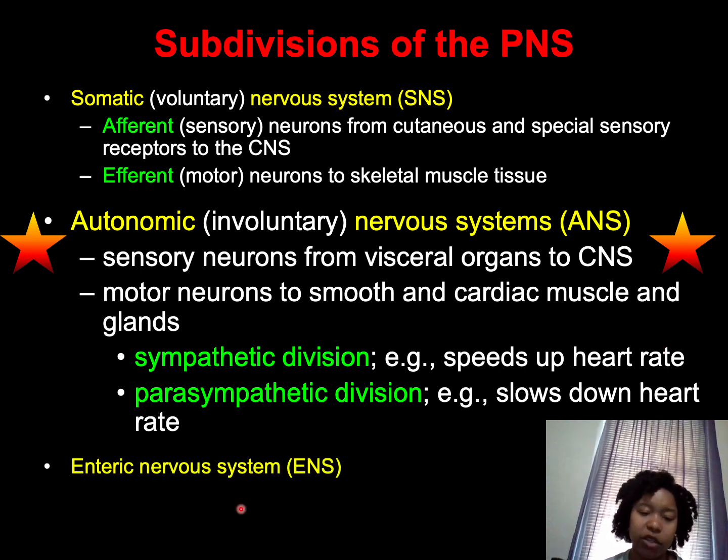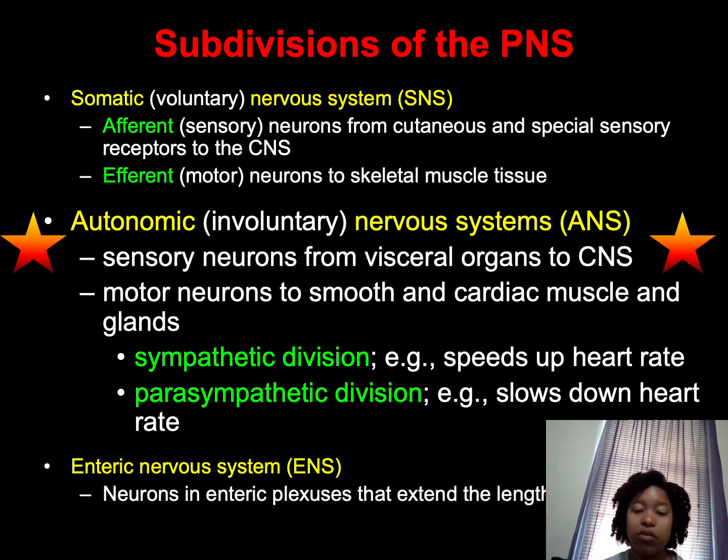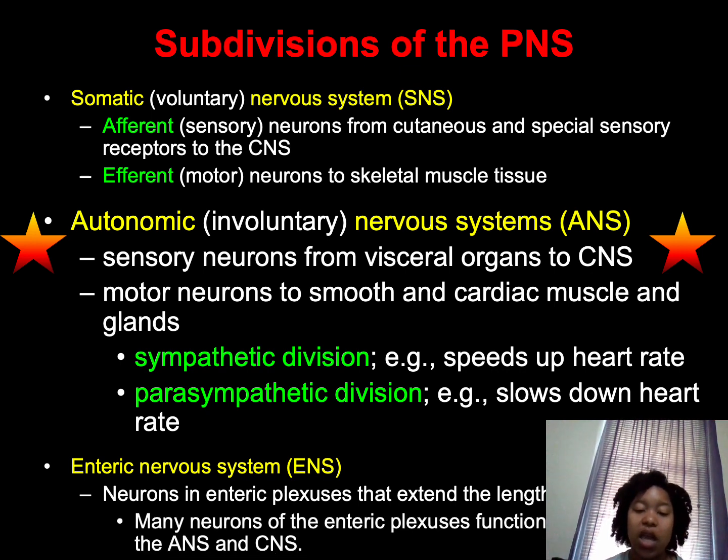And then you have your enteric nervous system that we talked about before, where the gut is so complex that it has its own plexuses of nerves in order to immediately sense and respond to things going on within it. Like we said, these are neurons and enteric plexuses that extend the length of the GI tract. Many of these neurons of the enteric plexuses function in conjunction with the ANS and the CNS.